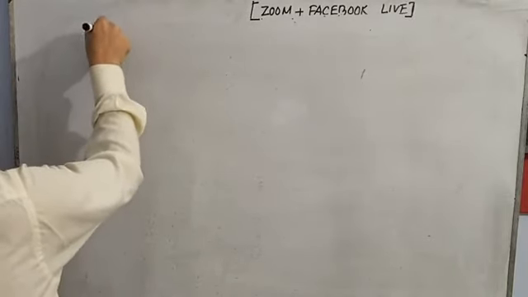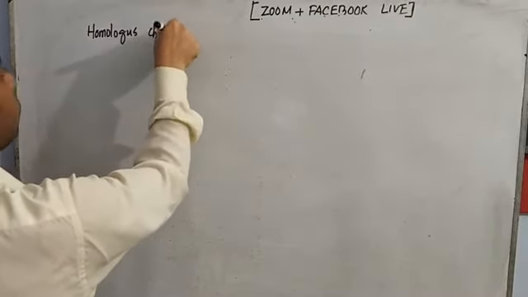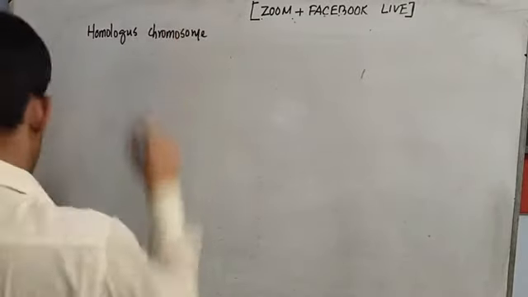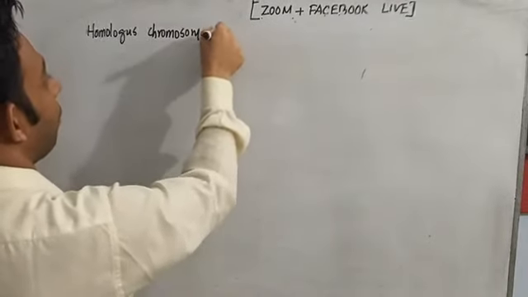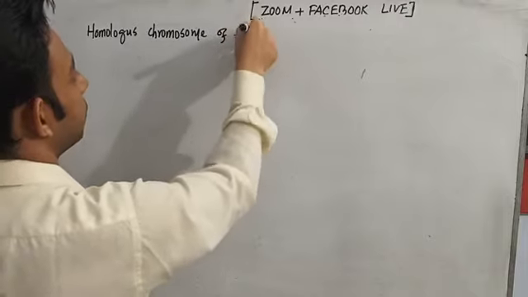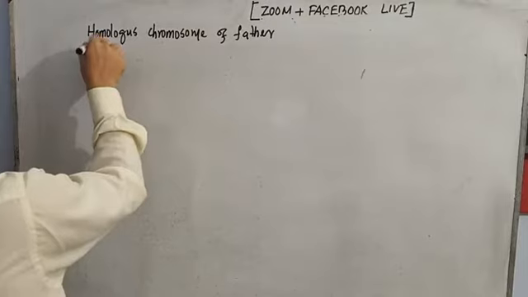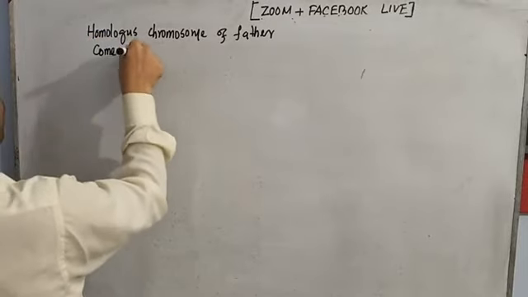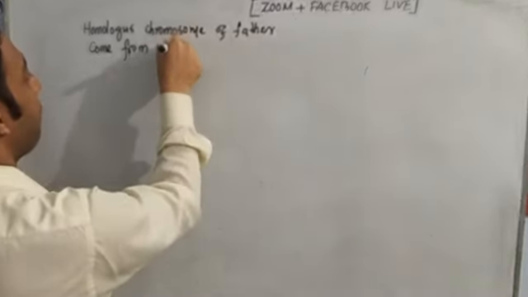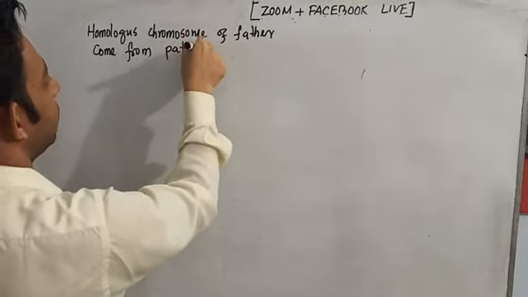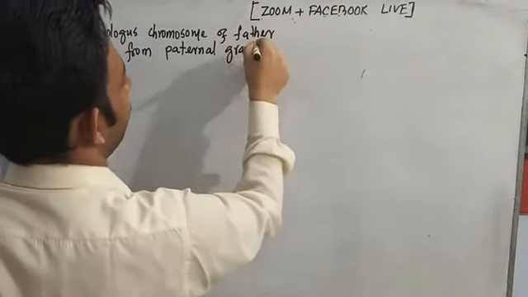Homologous chromosome of father come from paternal grandfather or grandpa.